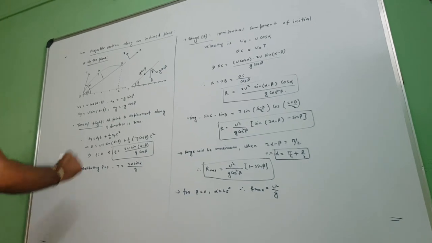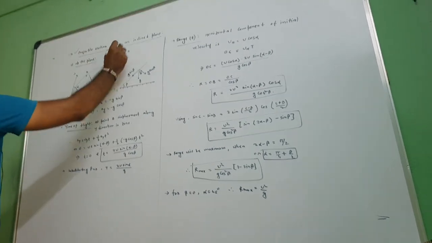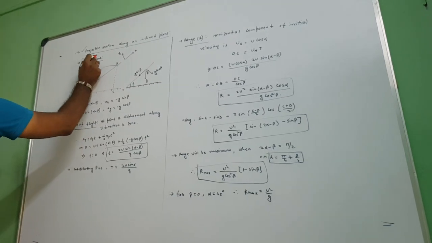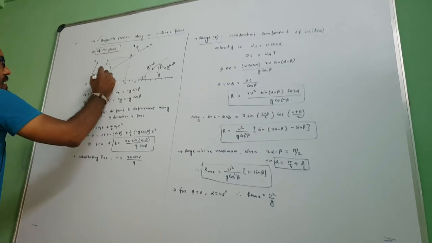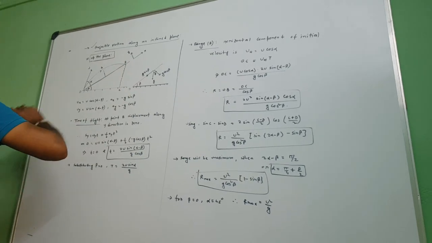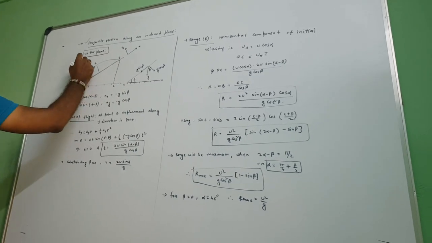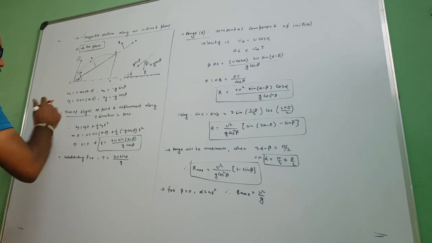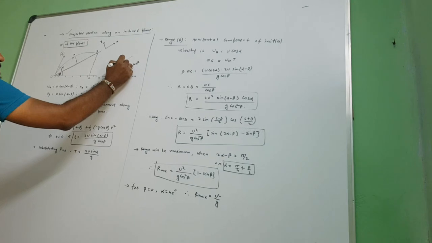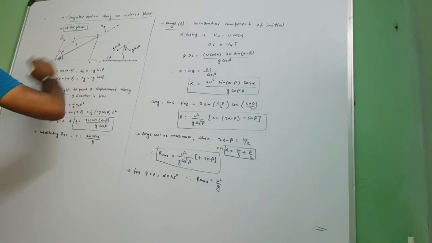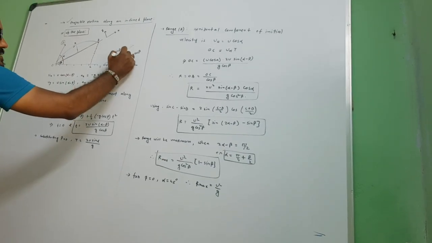So continuing with this lecture, projectile motion up the plane. You have projected the object on an inclined plane at angle alpha with initial velocity u, and the inclined plane is at beta with the horizontal direction. Now in this location, the acceleration is downward.